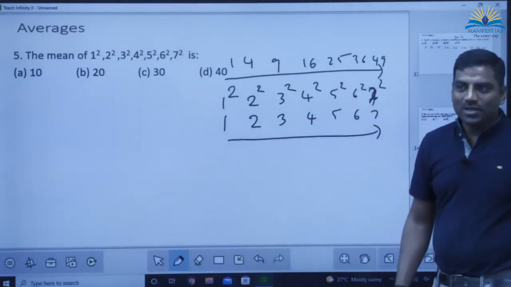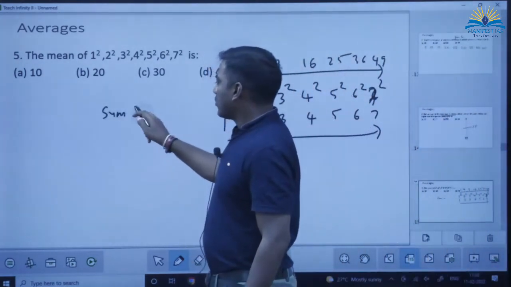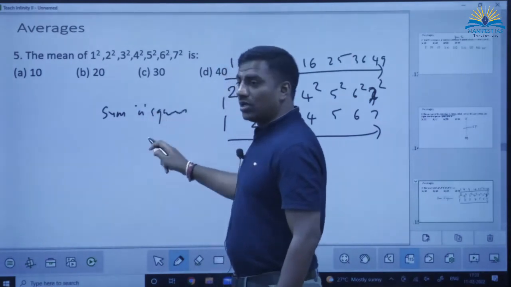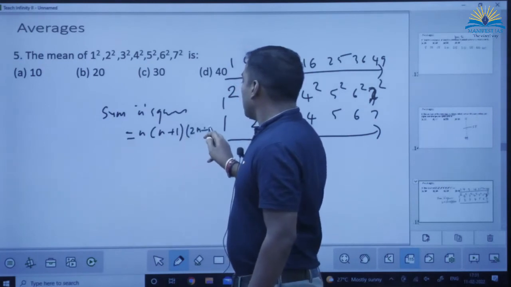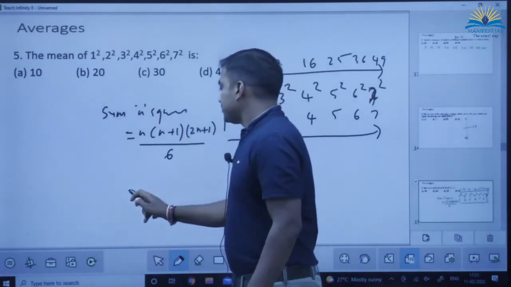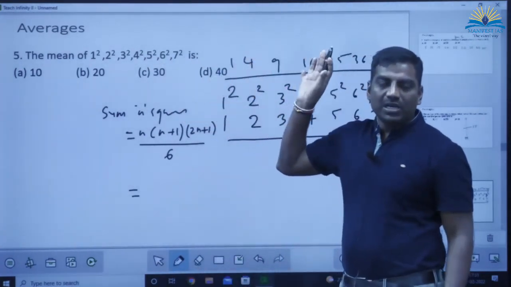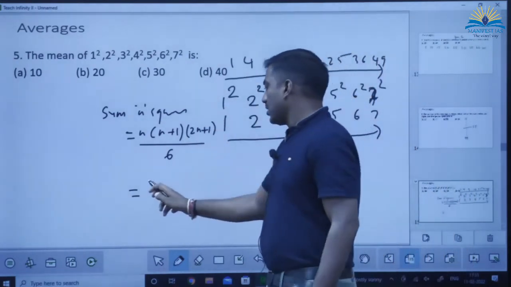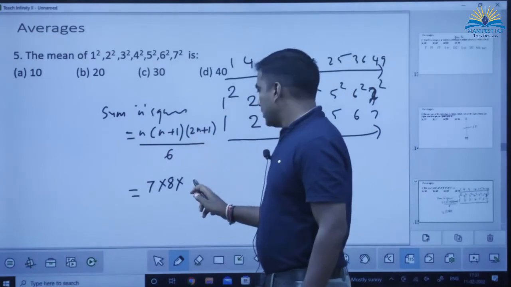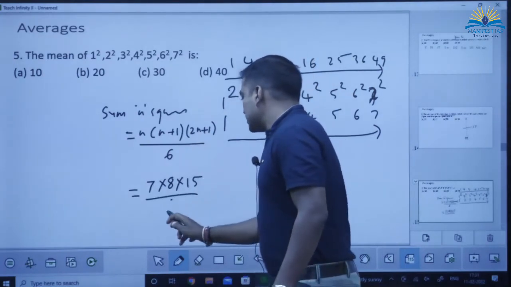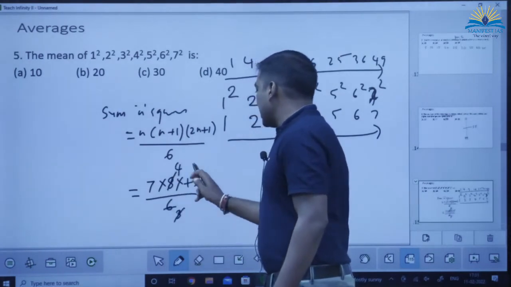Already I have given the formula for sum of n squares. What is that? n into n plus 1 into 2n plus 1 divided by 6. N is what here? How many numbers are there? 7. 7 into 8 into 2n is 14 plus 1, 15 divided by 6. 2 4s are 8, 2 3s are 6, 3 1s are 3, 3 5s are 15.